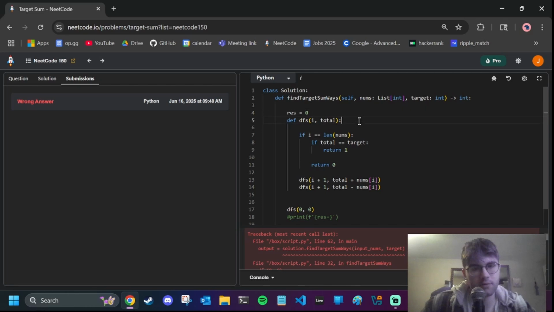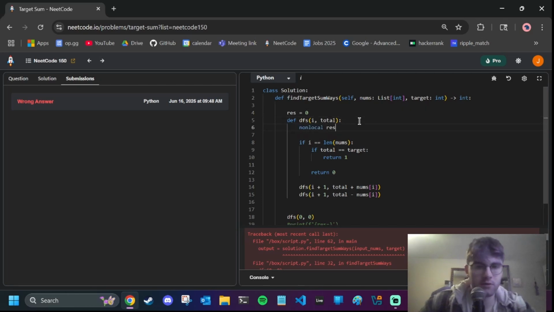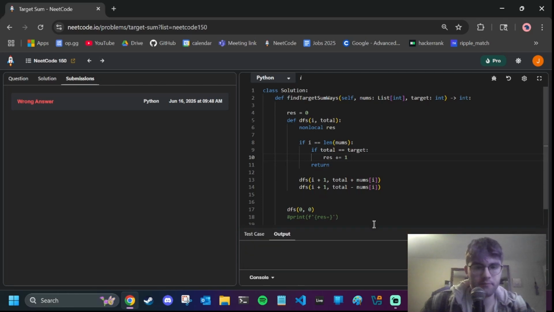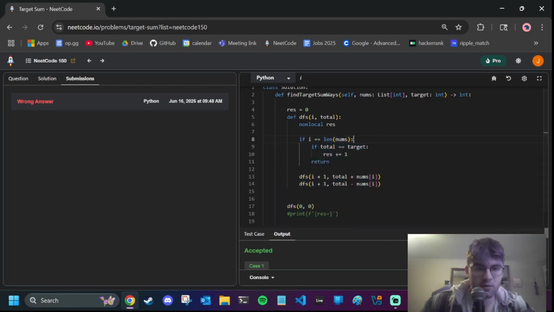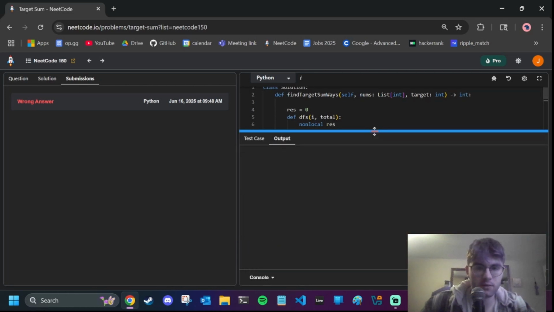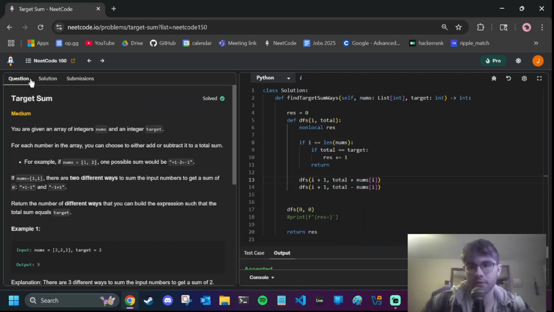No, I think it's better to just have a counter like this. All right. So let's see if this works. Okay, so this is the brute force approach.